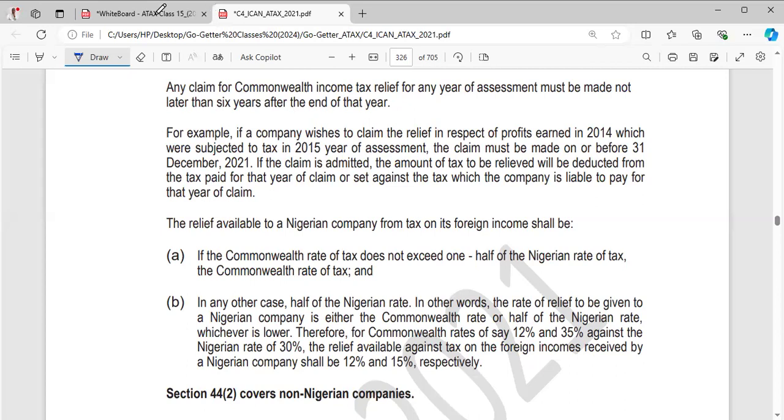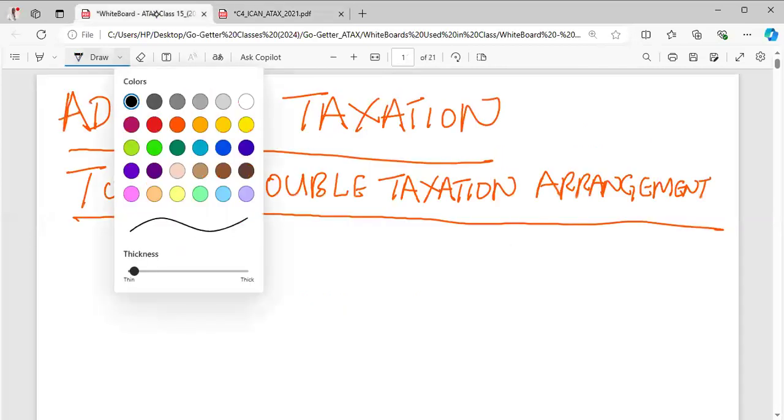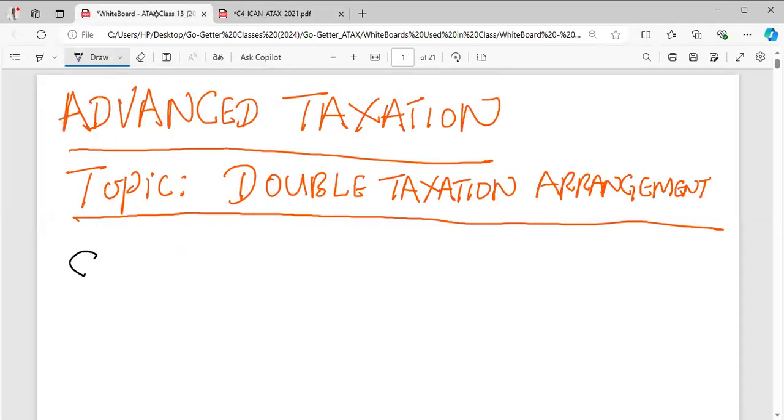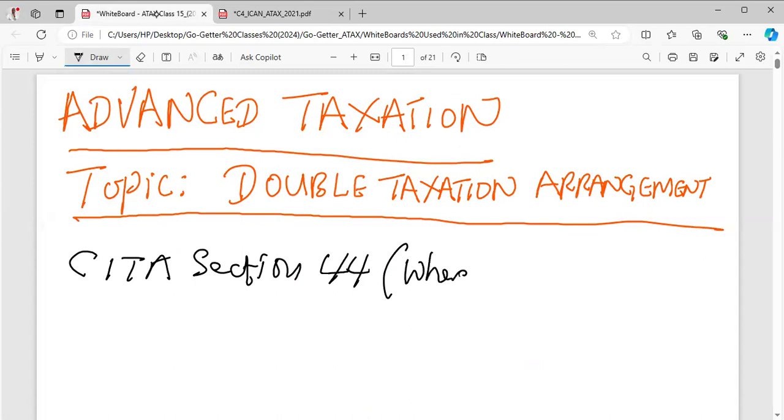So you say CETA section 44, where no DTA exists.